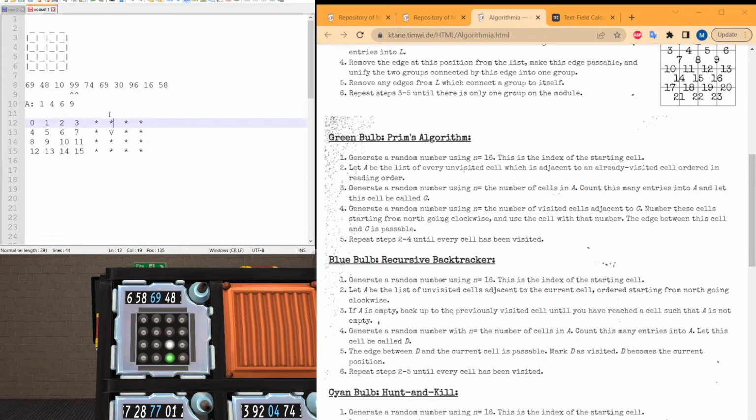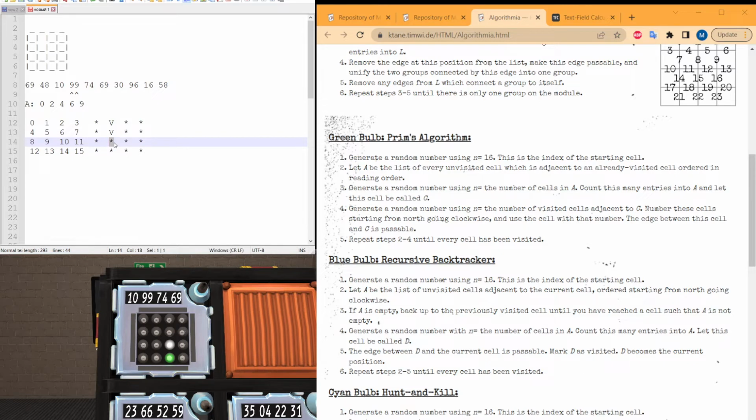Since these two cells are now visited, our list A now consists of this, and this, which are 0, 2, 4, 6, 9. Okay, 99 mod 5 is 4, which means we're going to look at this cell.